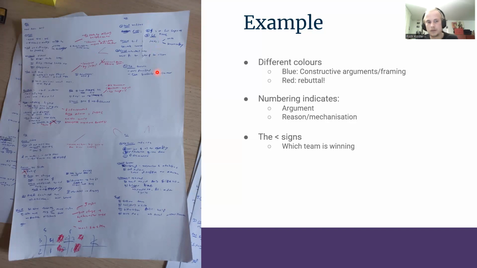You can also see here the larger-than and equal signs. These denote for me which team is winning. So in this specific debate, opening government is losing to opening opposition because the larger-than sign is pointing towards opening opposition. This is something that I'm already going to be doing oftentimes during the debate.